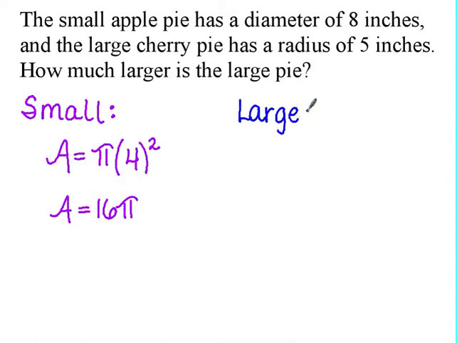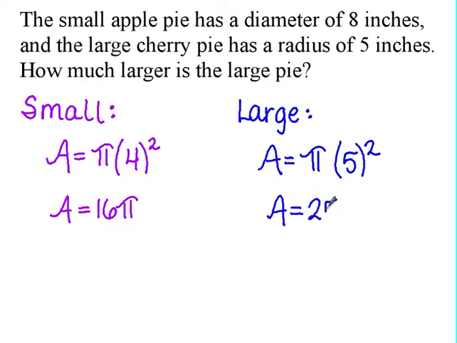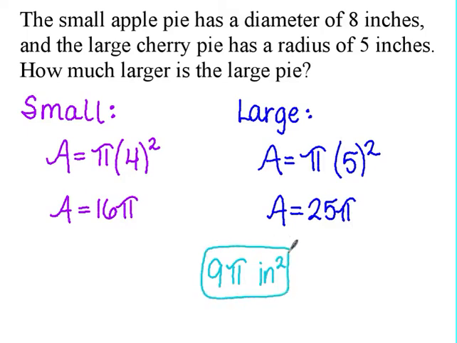The area there will be pi times 5 squared, so the area there is 25 pi. Now it wants to know how much larger the large pie is. What would it be? 9 pi inches squared. That's one way.